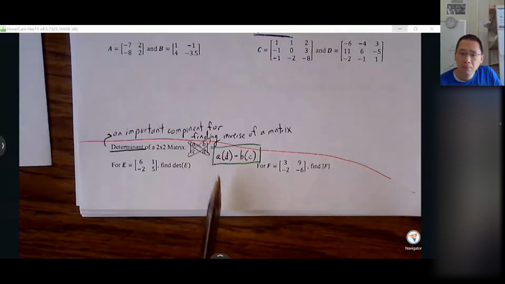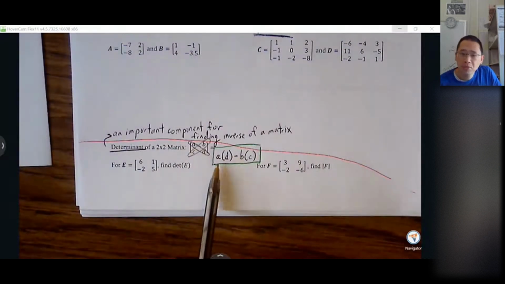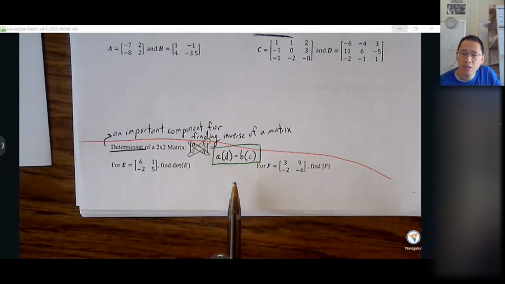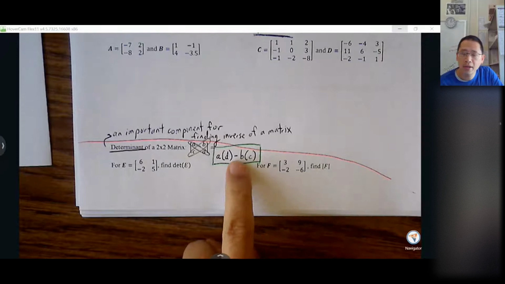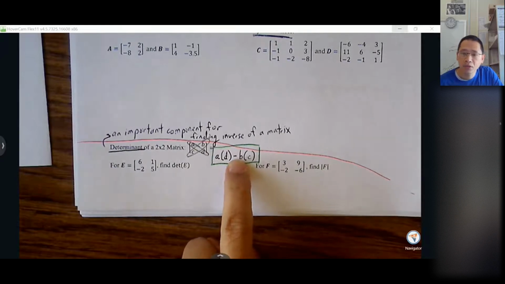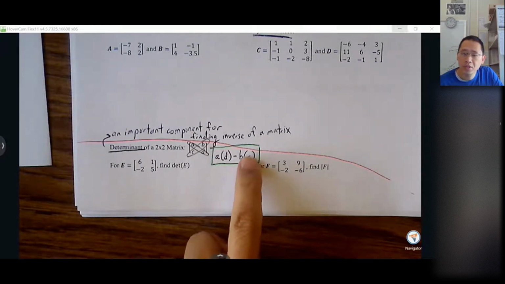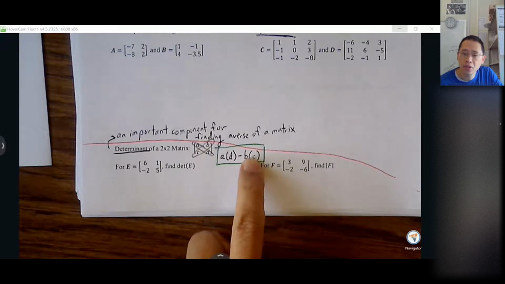This is a pretty straightforward formula, but I do want to point out something that is easy to make a mistake with, and that is making sure that we keep track of the negative. Sometimes your B times C is going to produce a negative all on its own, and that means this negative is going to end up canceling out and making this term a positive.